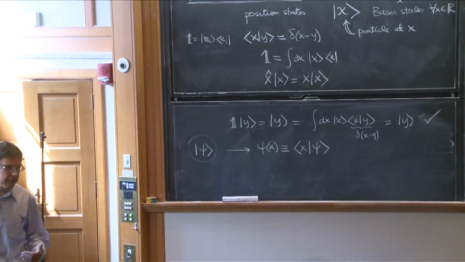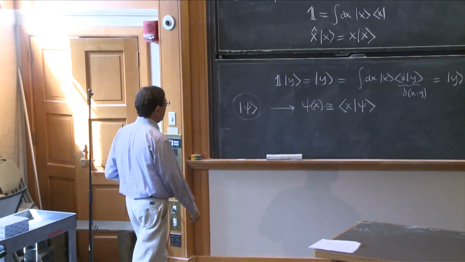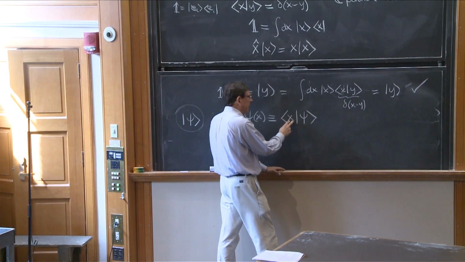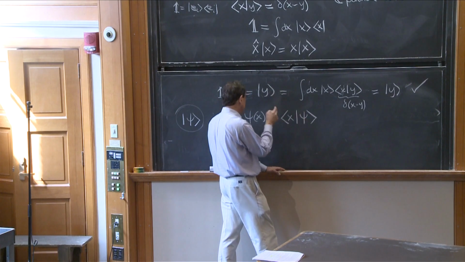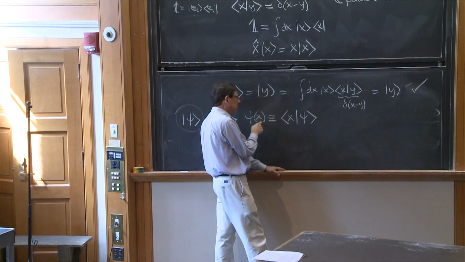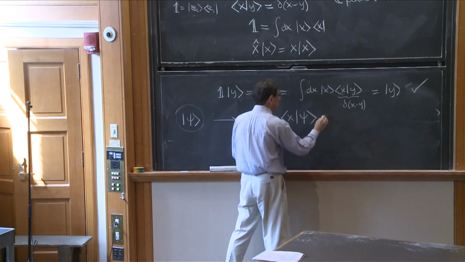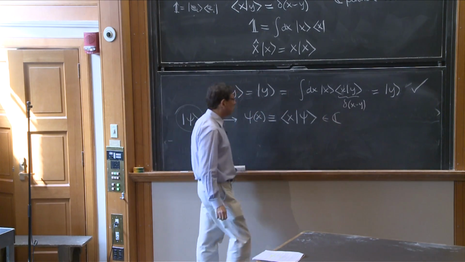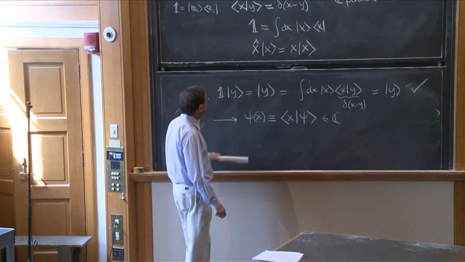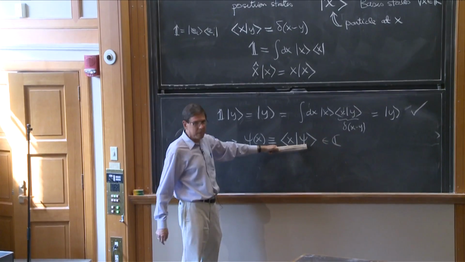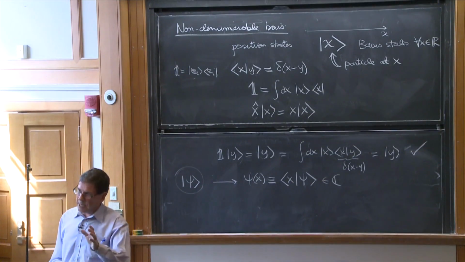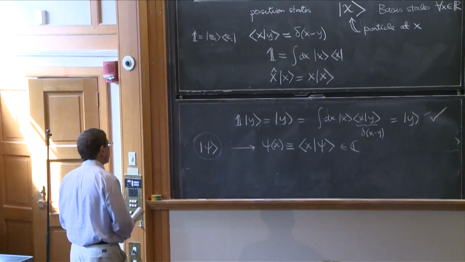And that makes sense, because this overlap is a function of this label here, where the particle is, and therefore the result is a complex number that is dependent on x. So this belongs to the complex numbers because inner products can have complex numbers. Now, I didn't put any complex number here, but when you form states, you can superpose states with complex numbers. So this ψ(x) will come out this way.